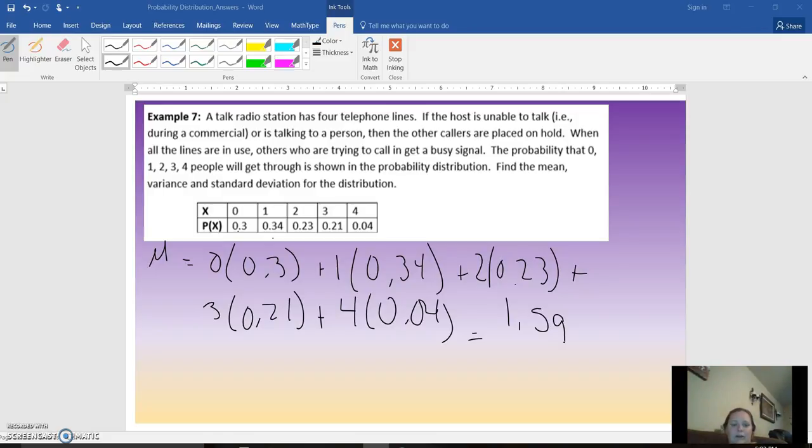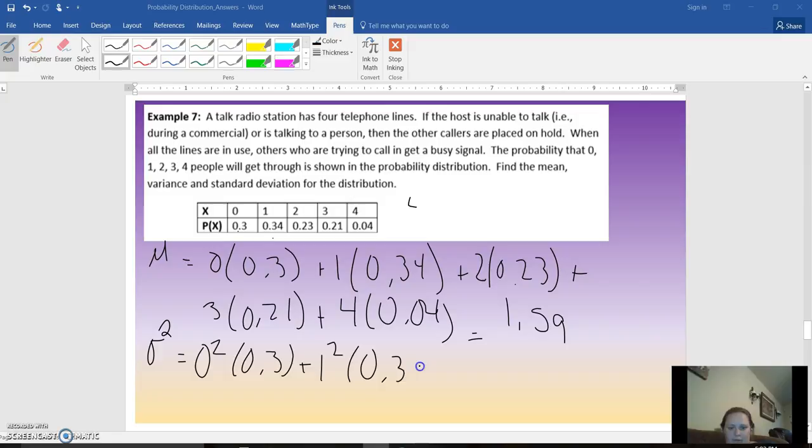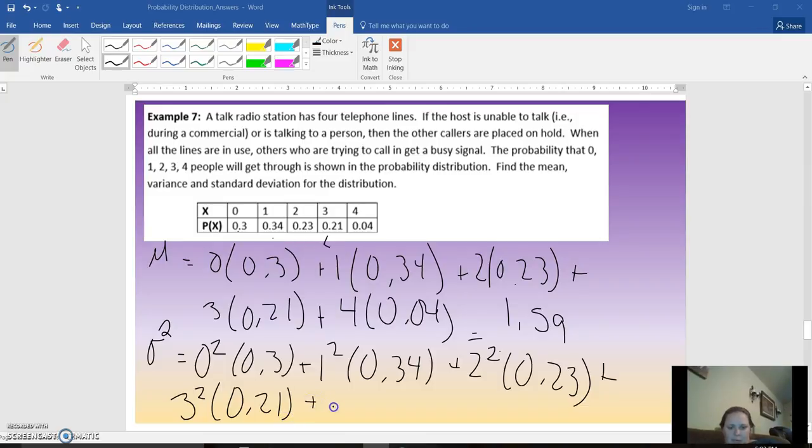All right, now we need to find the variance. So we're going to do 0 squared times 0.3, 1 squared times 0.24, 2 squared times 0.23, plus 3 squared times 0.21, plus 4 squared times 0.04, minus the mean, 1.59 squared.